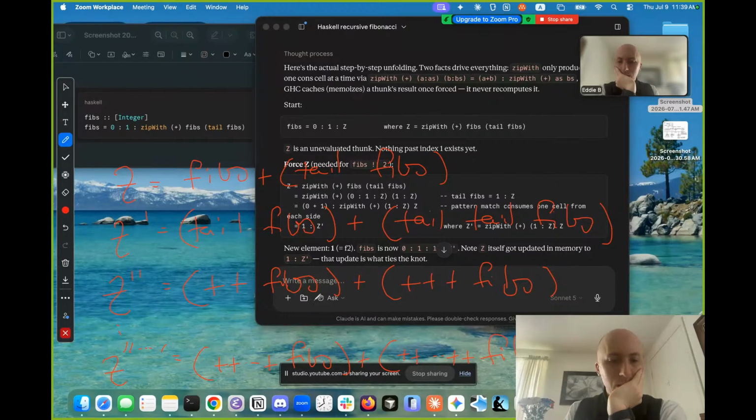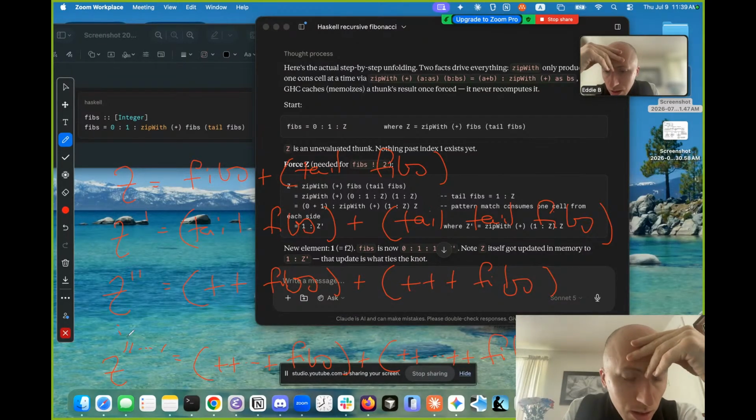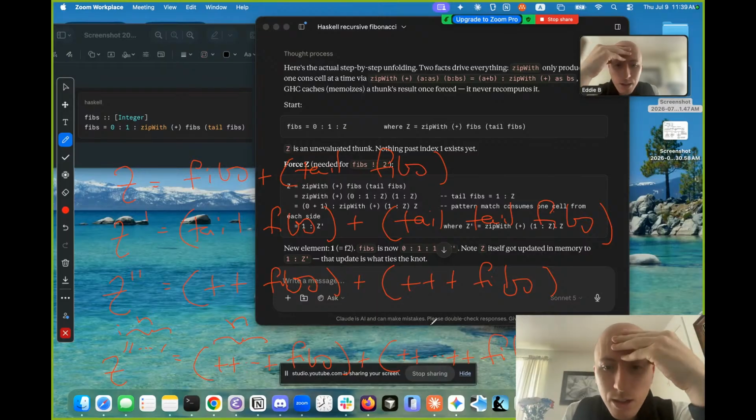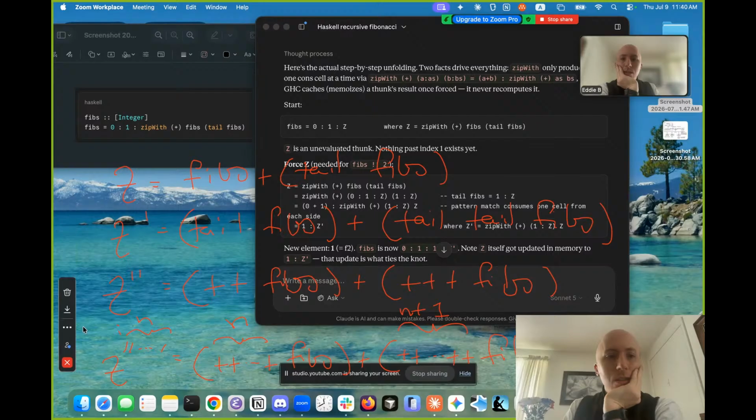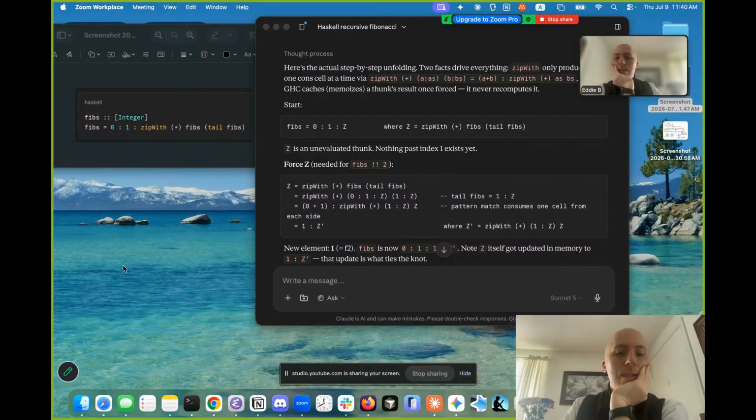So here, for Z to the nth, there are going to be n tail things here, and then there's going to be n plus 1 tail things here. So, okay, that's a pretty good observation, I think. So I'm satisfied with that.